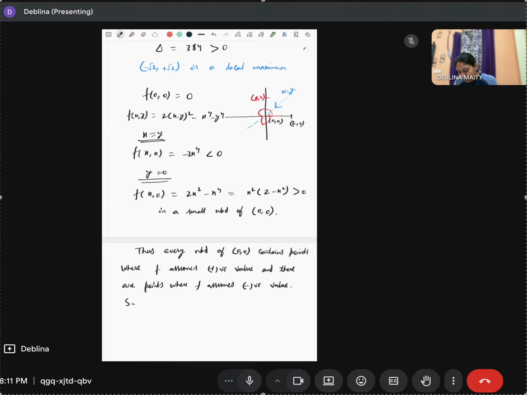So 0 0 can never be a local maxima or a local minima.